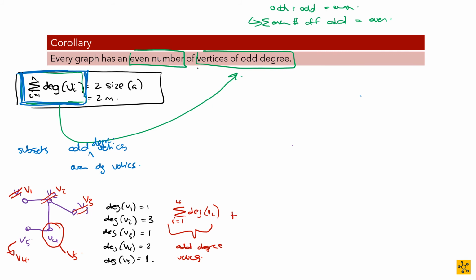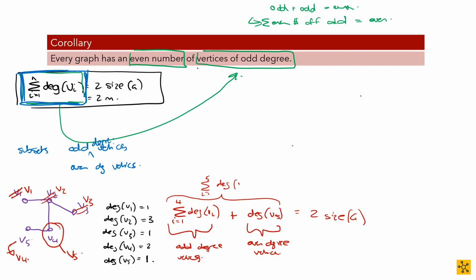And then we'll have plus the degree of V5 in this case, which is all the even degree vertices. And then we have it equal to 2 times the size of the graph. And obviously this whole piece here is the original sum from i equals 1 to 5 of the degree of Vi. So that's what we're going to do.